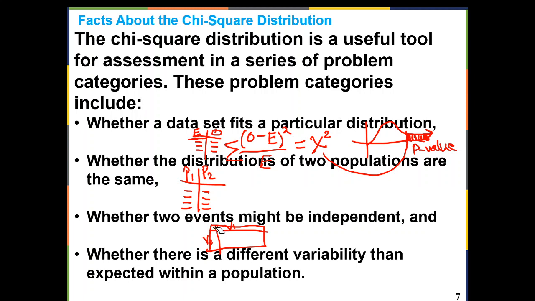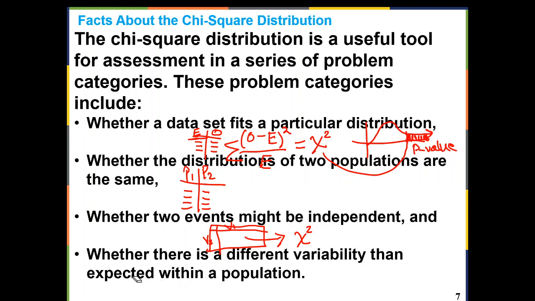So for example, cigarette smoke and getting cancer, right? Are those independent? Well, if they can prove that they're independent, then the smoking doesn't cause cancer. Well, it turns out that they do depend on each other. So that's another test we do. Again, we are going to find a chi-square from this, and then again find the p-value and do the test.